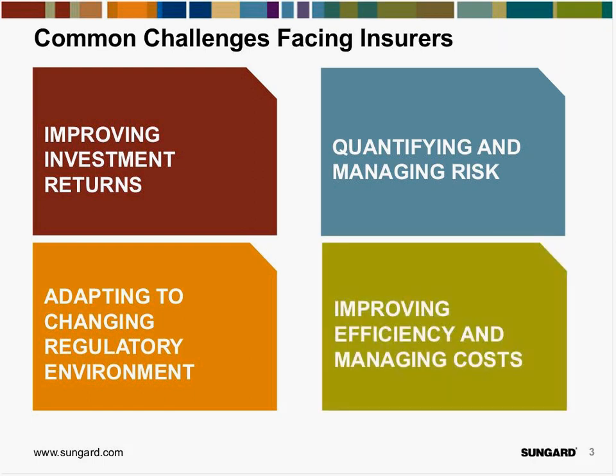The fourth one is improving efficiency and managing costs. Many times we are taking on different ground, moving into areas where we don't have a lot of experience in terms of the risk. And with these changing regulations, we set up what I'll call ad hoc solutions: spreadsheets, napkin calculations, working with our calculators, and so forth.